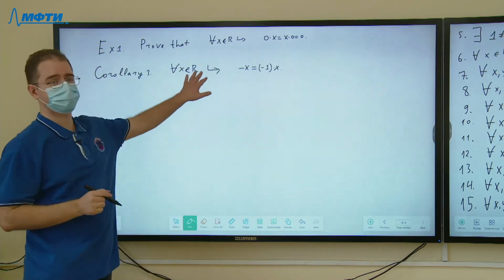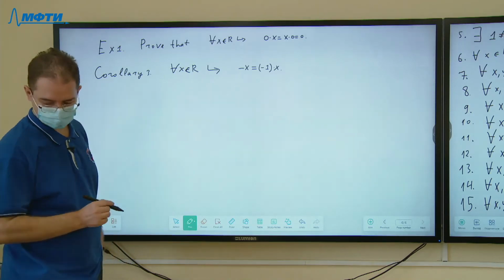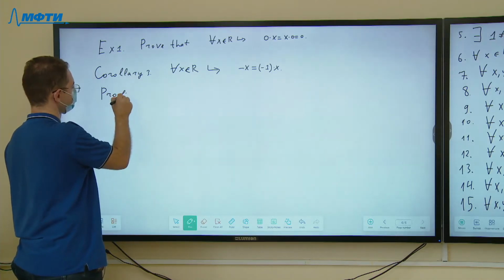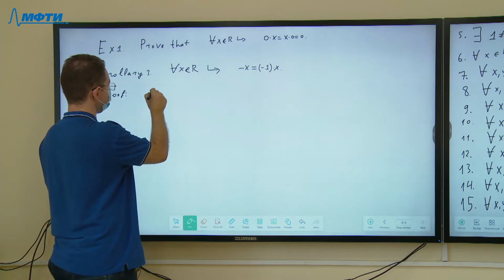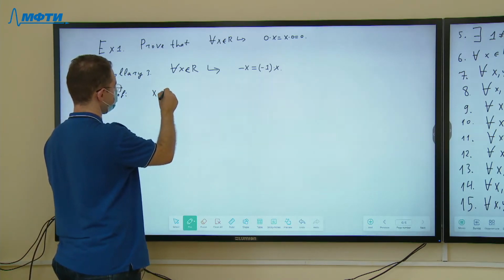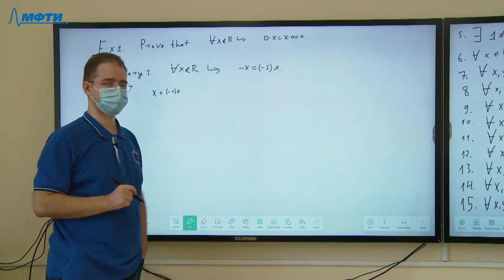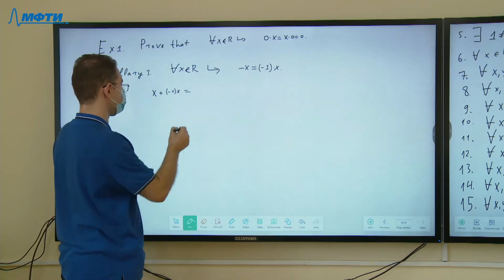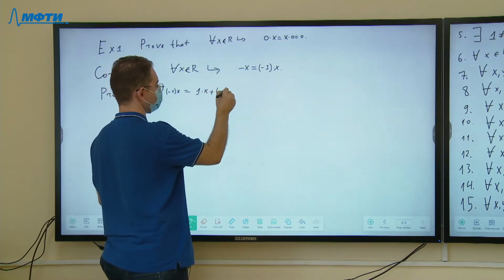So, proof of this corollary. Let's construct this sum, x plus minus 1 times x. This is 1 times x plus minus 1 times x.